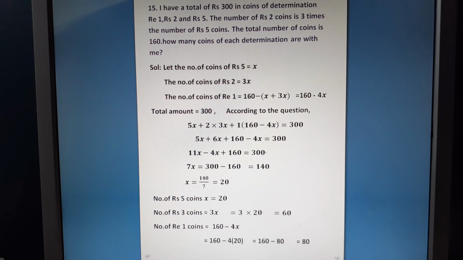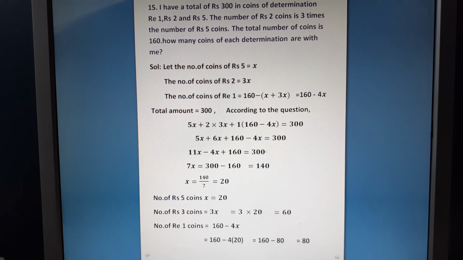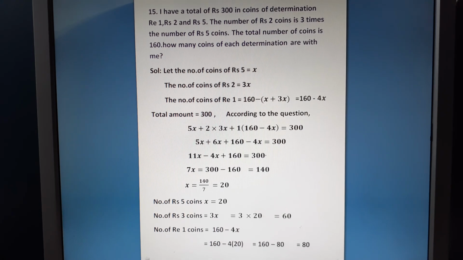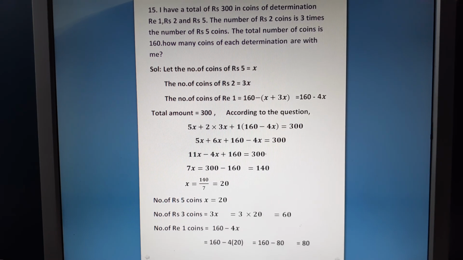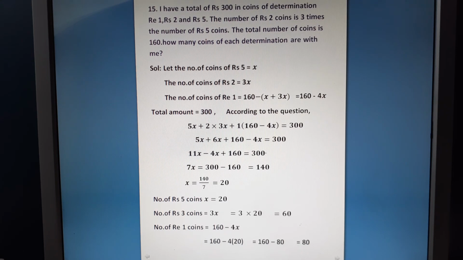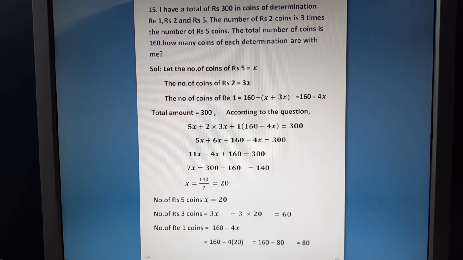We get 160 minus 4 into 20. That is equal to 160 minus 80 is equal to 80. Finally, 20 5 rupees coins are there, 60 2 rupees coins are there, and 80 1 rupee coins are there.